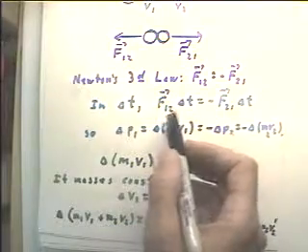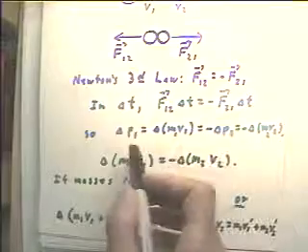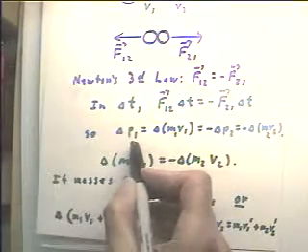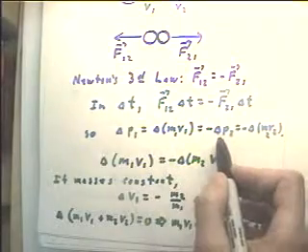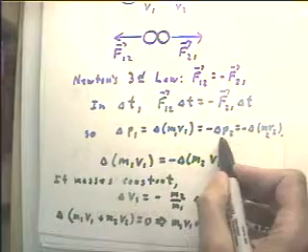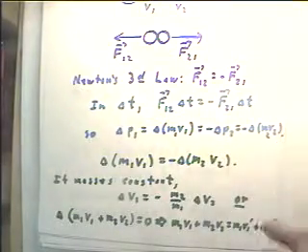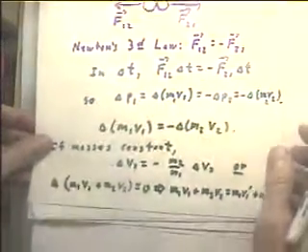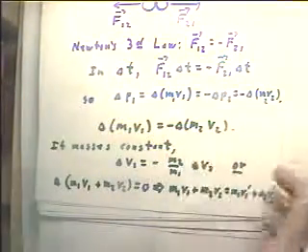Now, the impulse imparted to object 1 is going to equal the change in momentum of object 1, which is the change in m1v1. And that's going to be the negative of the impulse on object 2, which is the negative of the change in m2v2.